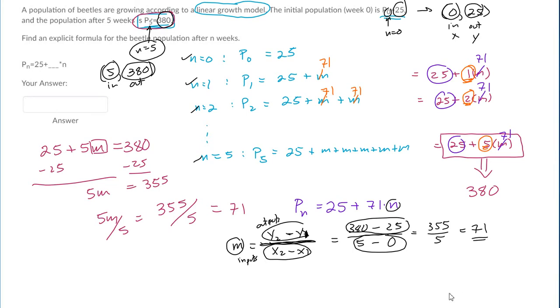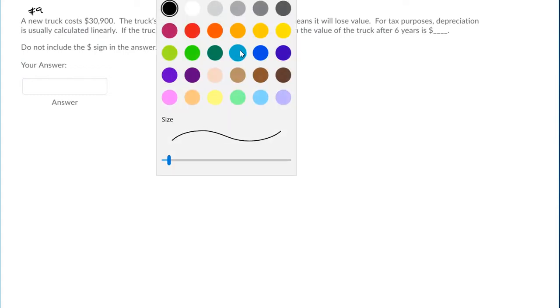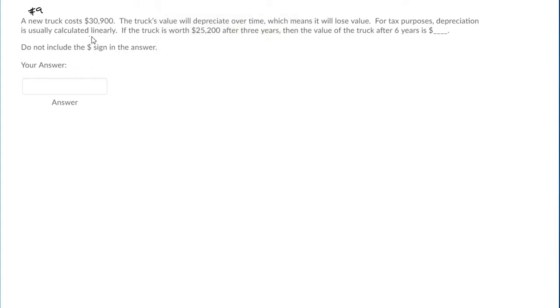So let's go on to problem 9. Here we are on problem number 9. We're doing what's called linear depreciation, meaning we lose or subtract the same amount every year or every time period.